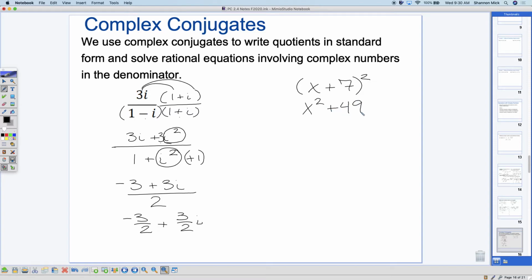That is my problem with just doing what you said. Why is this not x squared plus 49? Because there's a middle term. I need to FOIL, yes? So there should be 14x. So it should be x squared plus 14x plus 49. That is my problem with just saying do that.